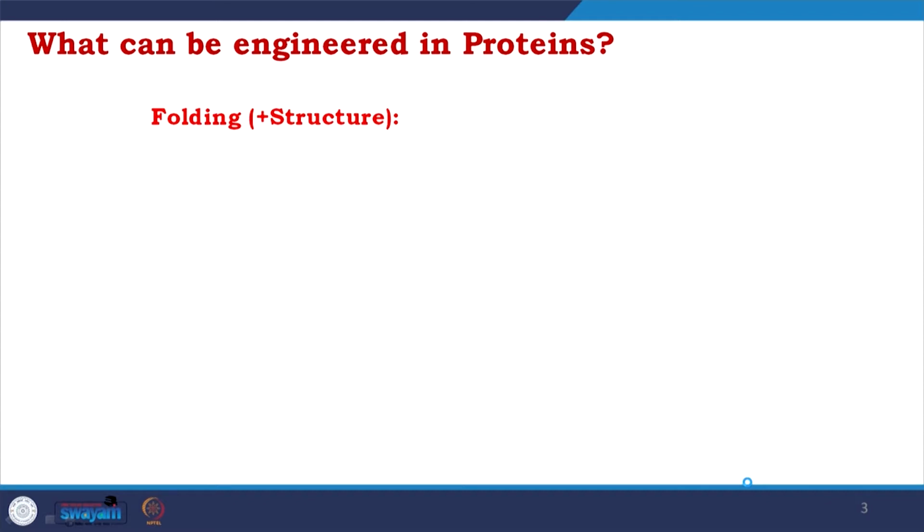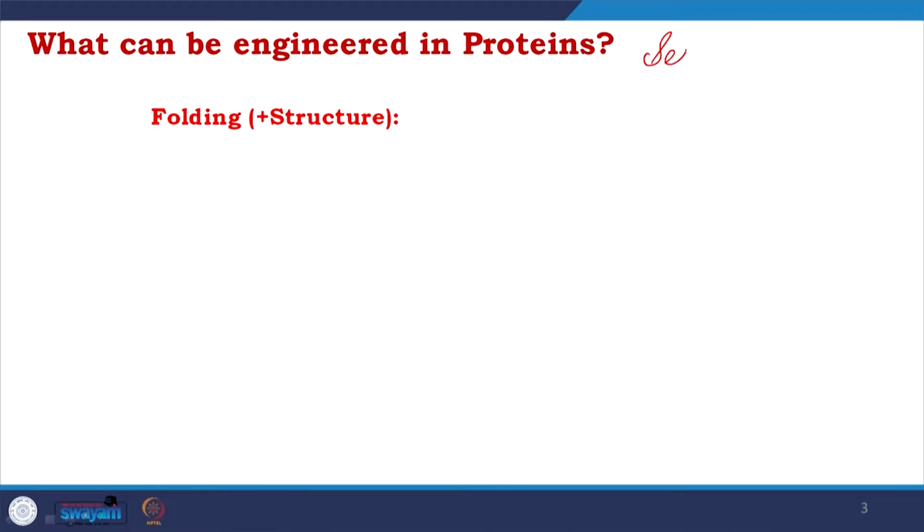If you have gone through the course properly, you would understand the importance of folding, the journey from sequence to function. In between is structure. Structure means folding, and that is why I wrote folding plus structure.